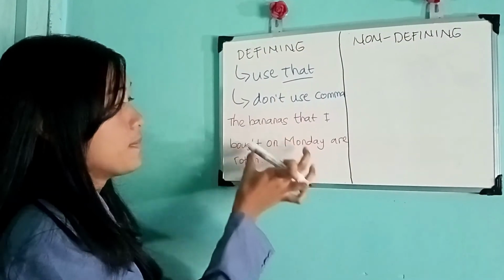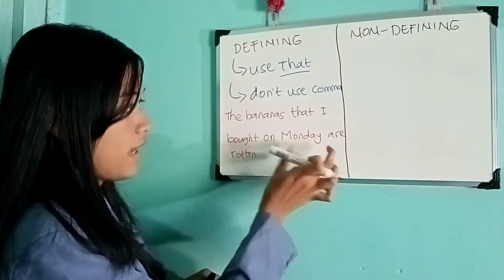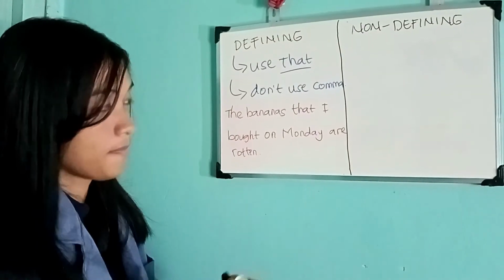The example is: the bananas that I bought on Monday are rotten.